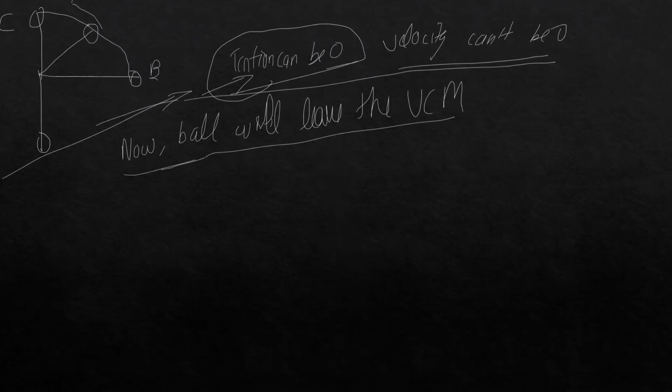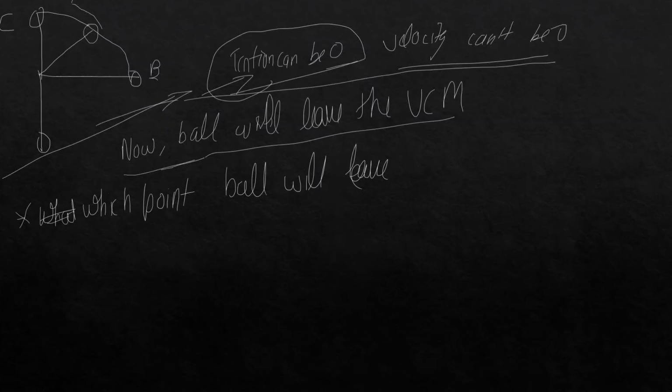So now one question has been made: at which point will the ball leave the VCM? Suppose here. We don't know the point, so we will try to calculate at which point it will leave the VCM.